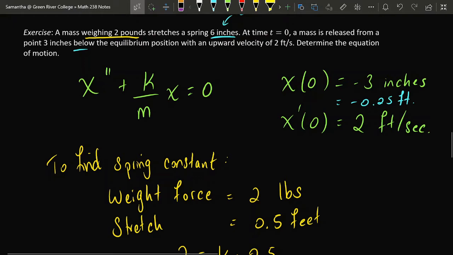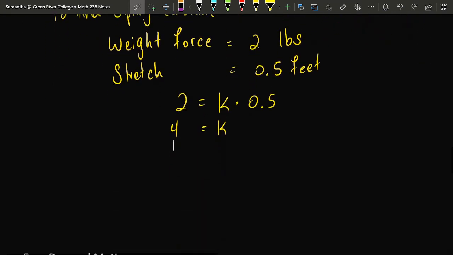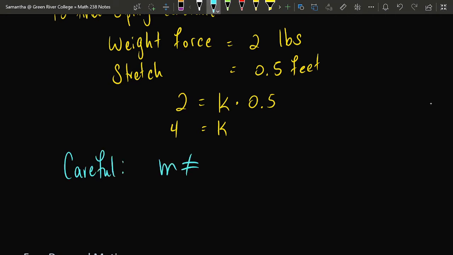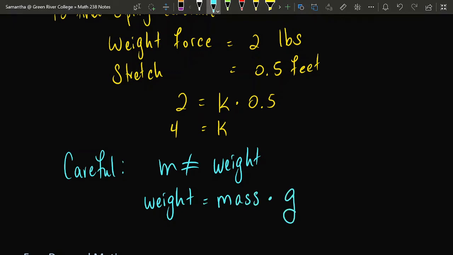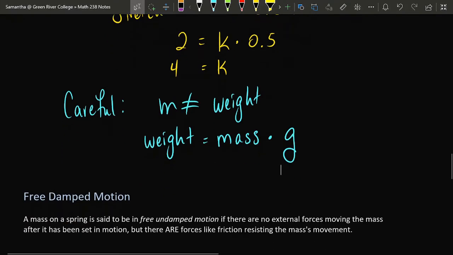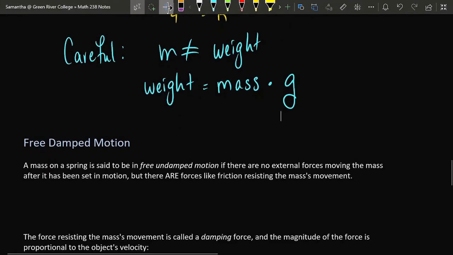Now be careful, because the mass of an object is not the same thing as the weight of the object. The weight of an object is equal to the mass multiplied by the acceleration of gravity, which is represented by the letter g.